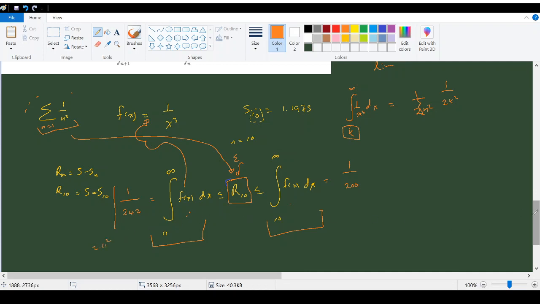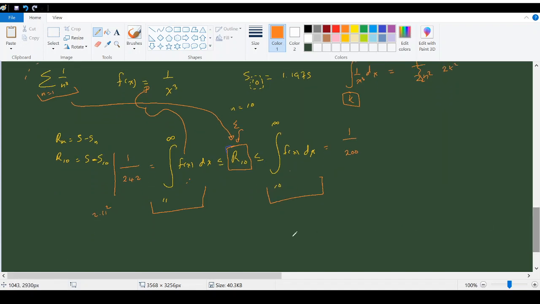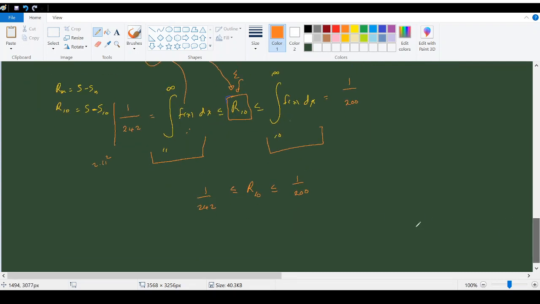Okay, so from this inequality we can say that the remainder is in between 1 over 200 and 1 over 242. If we represent these terms in decimal format, it will be a value like this.